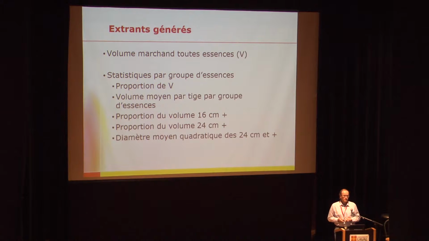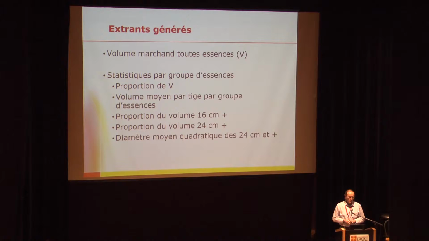The outputs that are generated for now will be the marketable volume, all species taken together, that we called V, then the proportion of that volume per species for fir tree, spruce, jack pine, and tamarack, intolerant deciduous trees, and the large groups of species such as the hardwood species.